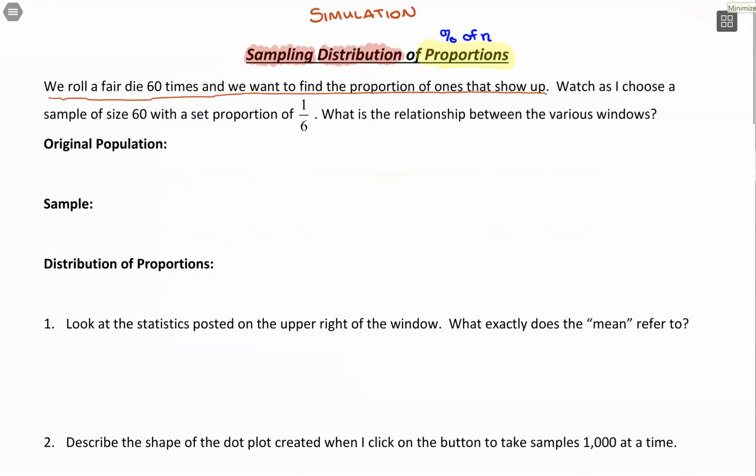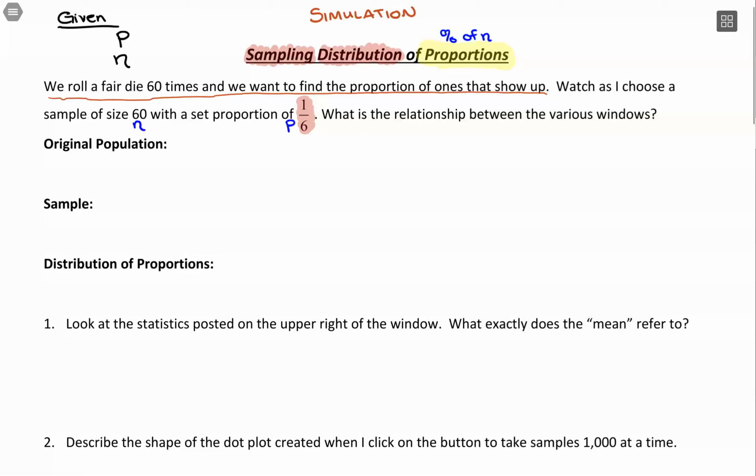So with these sampling distributions, we start by being given some population proportion. Like in this case, we have this population proportion of 1/6. So that would be P. We'll also have some sample size, and we'll talk about the effects of sample size later in this video.